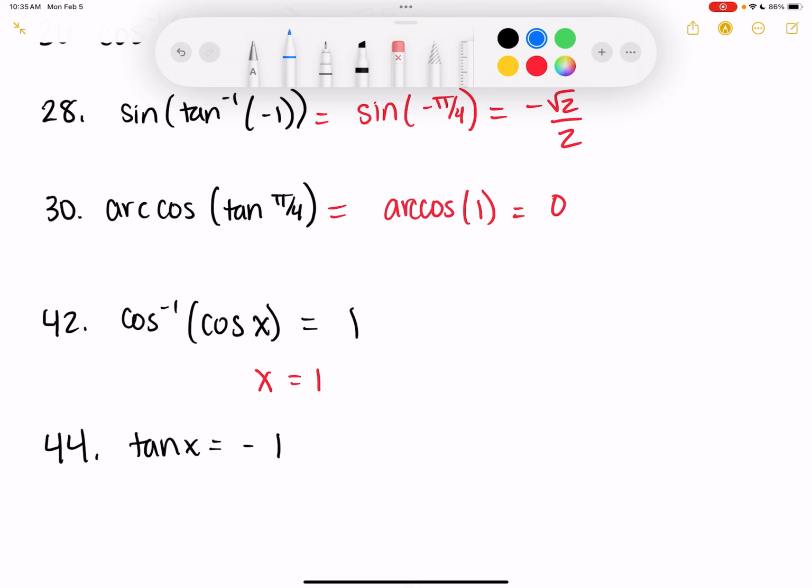To undo this, I'm trying to get x by itself, so I need to take the inverse tangent of that side. Inverse tangent and tangent cancel, leaving me with x. So x is equal to the inverse tangent of negative 1, which now that it's written this way, you would tell me the answer is what? Negative pi over 4.